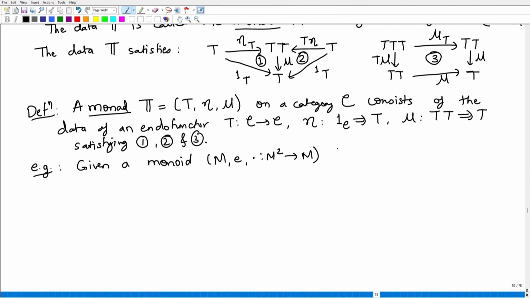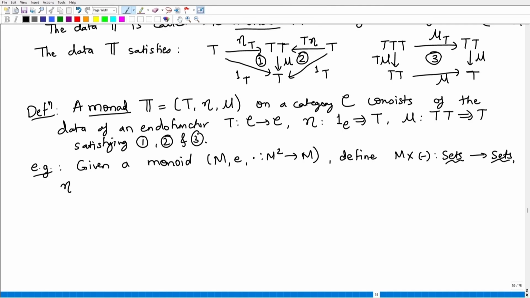A monoid, I mean a set. We can define M cross blank as a functor from sets to sets. This is our T.